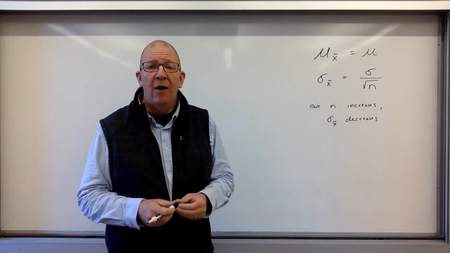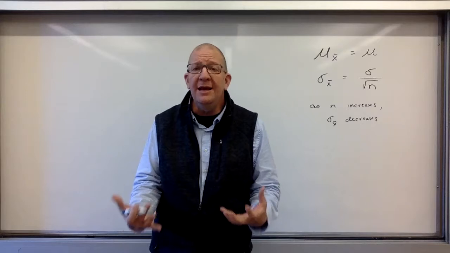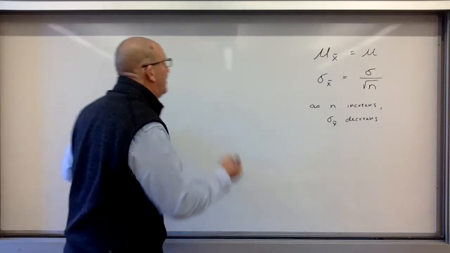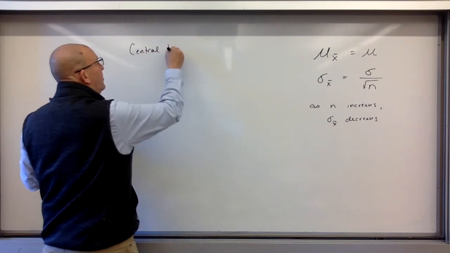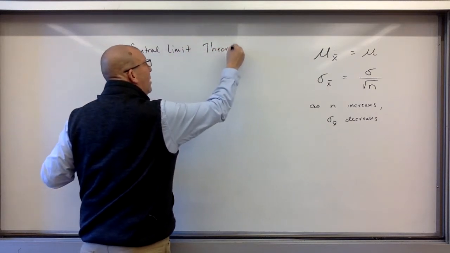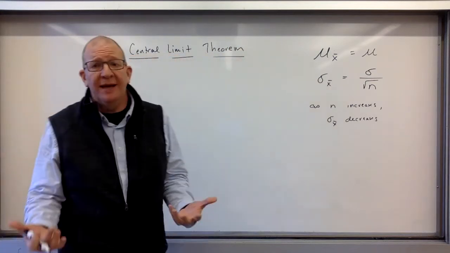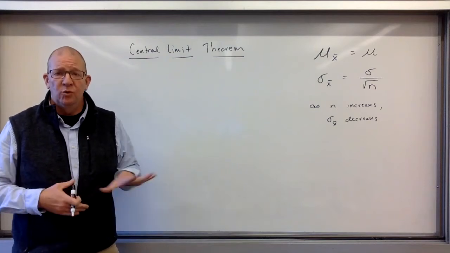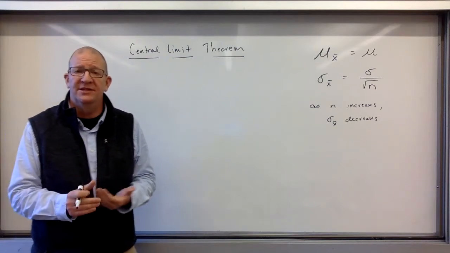Okay, now, before we do an example, let's talk about really the key topic with sampling distributions of means. And that's the central limit theorem. And it is what is going to allow us to solve all of these problems. Because you guessed it, much like the proportions, we're going to be using a normal distribution here. And here's what the central limit theorem says.